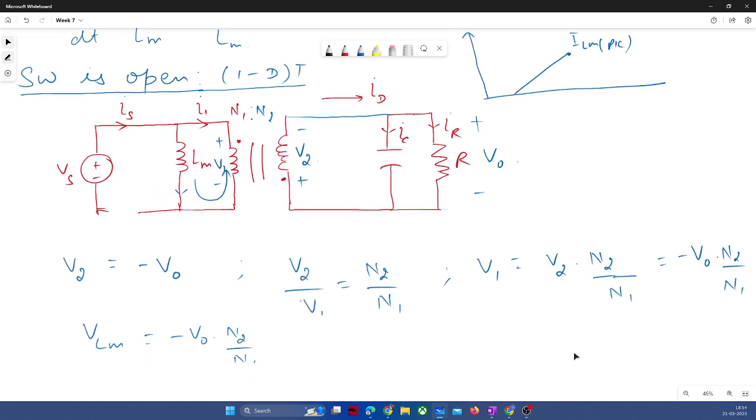So it will be discharged along the primary winding, or your inductance current will fall down. Right? The slope of the inductance current will be negative. So that's what we infer from this relationship. Any doubt till now? Okay, so I assume it is clear till this point.